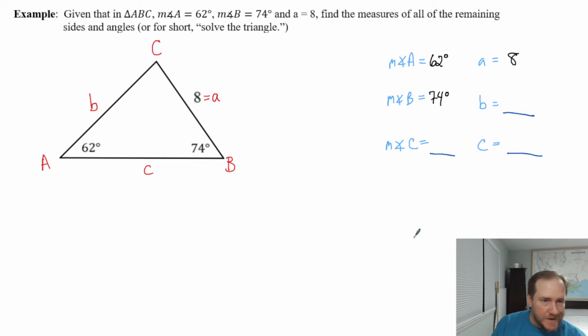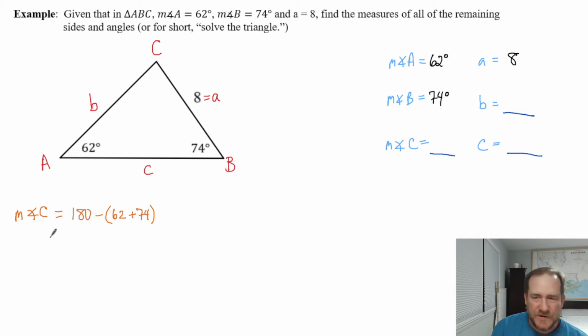Okay, fine. The first thing I would do here is just solve for the missing angle. Because anytime you've got 2 angles, you can get the third angle for free, because one of the rules you guys have known for the longest time is that all 3 angles of a triangle add up to 180. So to find the measure of angle C, all we got to do is 180 minus the sum of the other 2. So the 62 plus the 74.